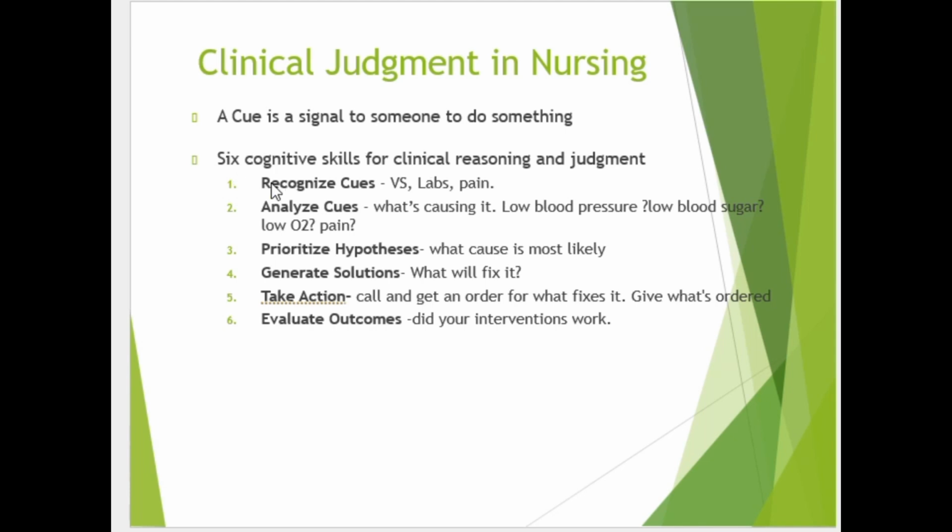So nurses need to recognize changes in vital signs, changes in lab values, and even know that sometimes pain can be a signal that something is going on. If they weren't in pain before, and now they're having pain, what's the cause of that pain? Could that be something dangerous?